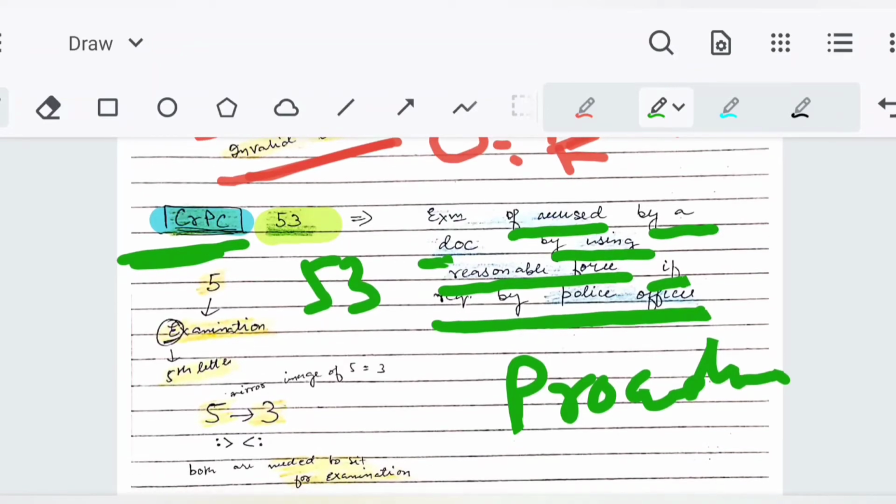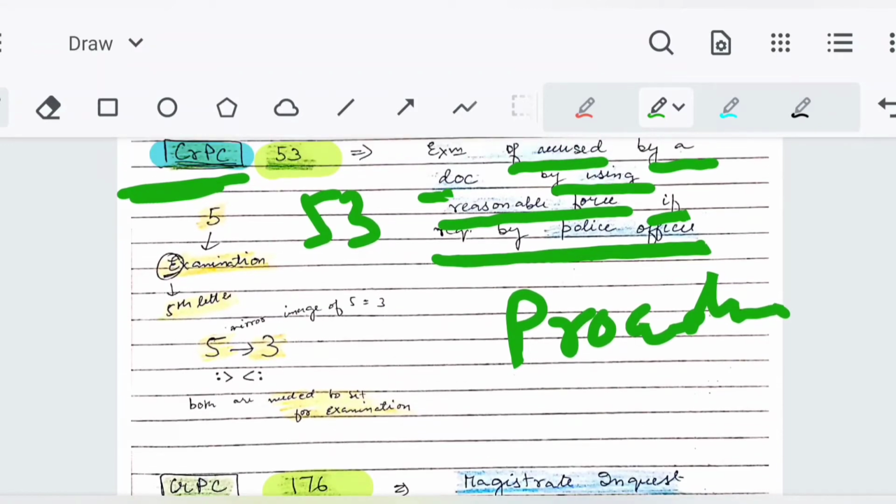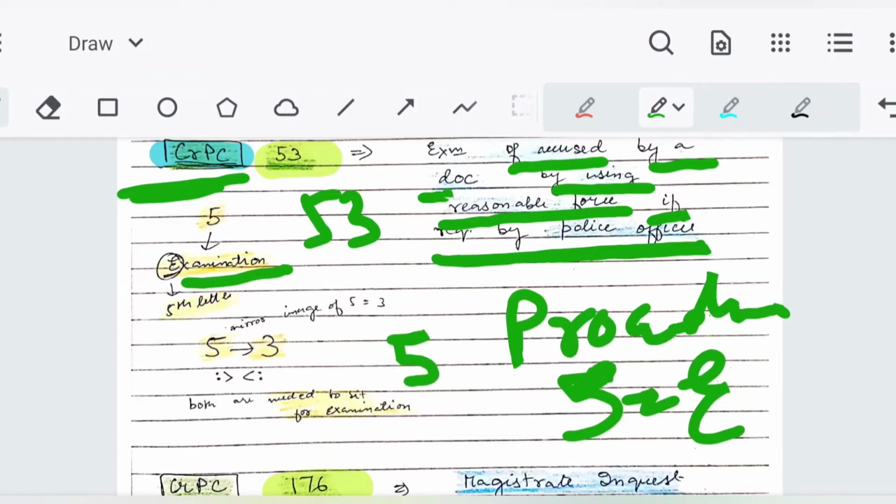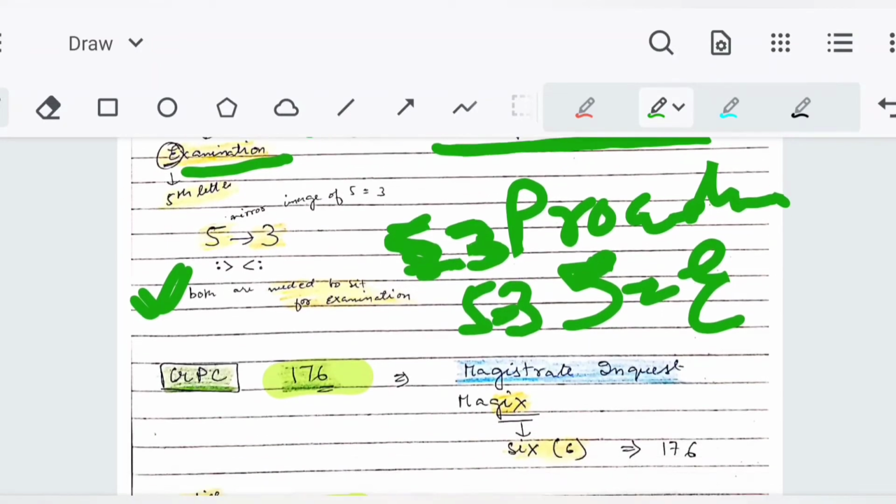So here the procedure is examination. 5 is E, the fifth letter is E. So examination, and for doing an examination we need to sit in front. So 5 and 3, see, it's almost a mirror image. The mirror image of 5 will be 3, so both are sitting in the front. So 53 for examination.